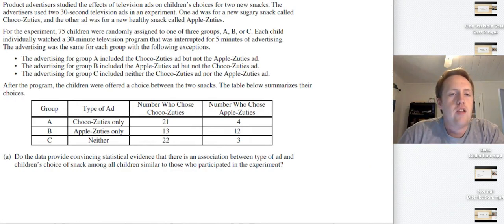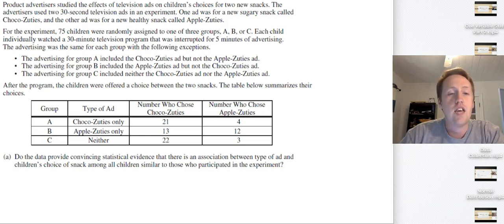Product advertisers studied the effect of television ads on children's choices for two new snacks. The advertisers used two 30-second television ads in an experiment. One ad was for a new sugary snack called Choco Zooties, and the other ad was for a new healthy snack called Apple Zooties. For the experiment, 75 children were randomly assigned to one of three groups, A, B, or C. Each child individually watched a 30-minute television program that was interrupted for 5 minutes of advertising.